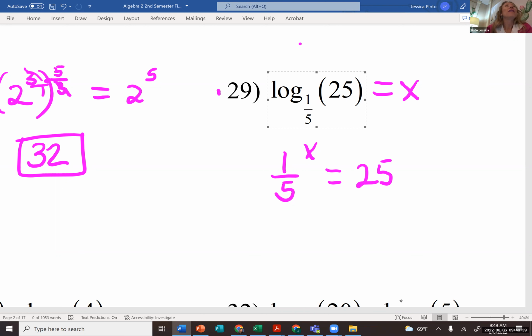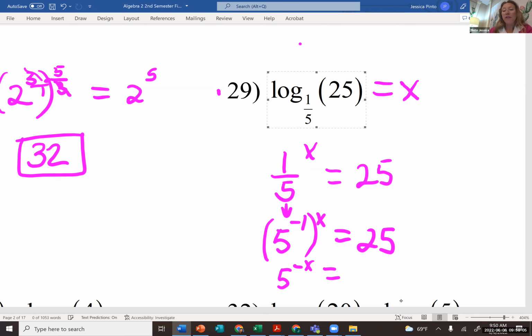So 1/5 as a fraction, I can tell that that is the same as 5 to the -1 power. And that's to the x power, and that's equal to 25. So I'm left with 5 to the -x power is equal to 25.